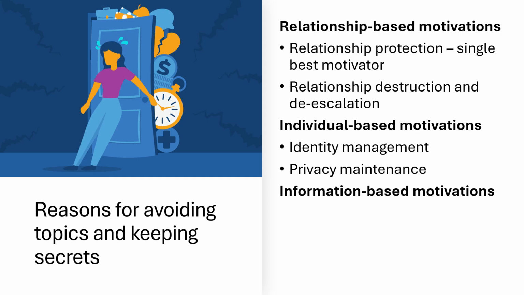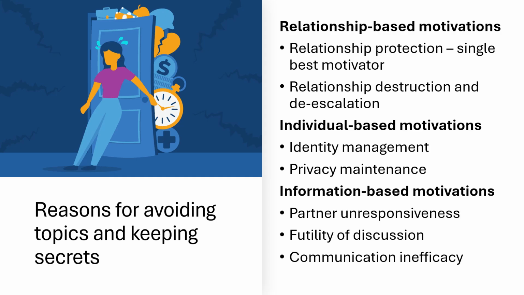And finally, we have information-based motivations. So these are situations when we choose to avoid disclosure based on the information that we expect to receive from the other person. So how do we expect the other person to respond? One of the information-based motivations is partner unresponsiveness.